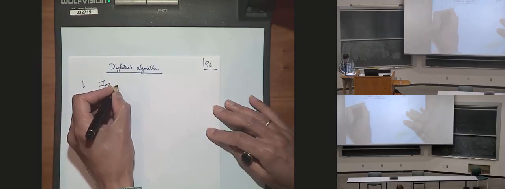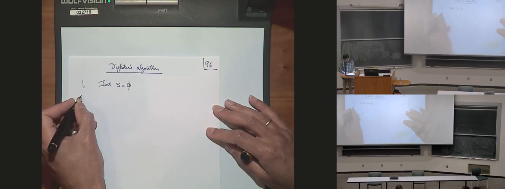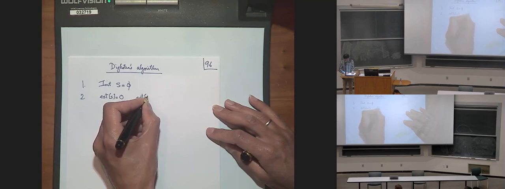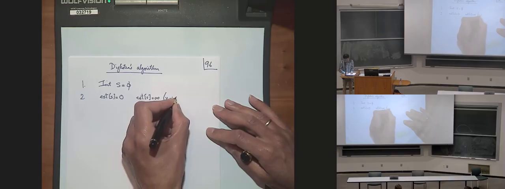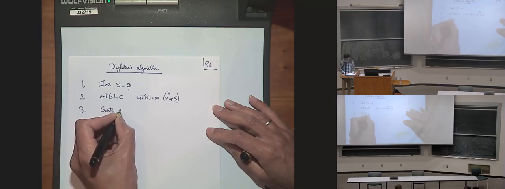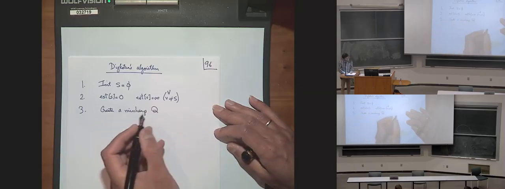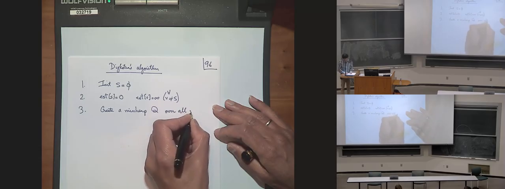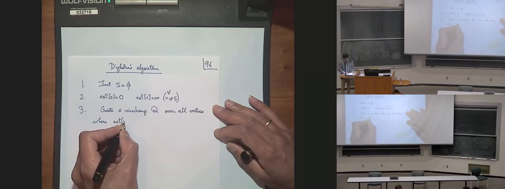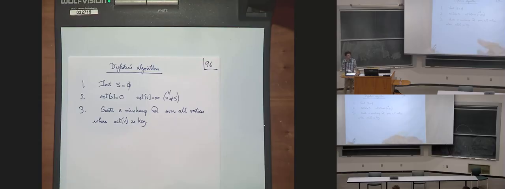So you initialize your set to be the null set. You set estimate S equal to 0, and estimate V equal to infinity for all V not equal to S. Then you create a min heap Q over all vertices where est V is the key. So you're creating this min heap, and your estimate is your key.